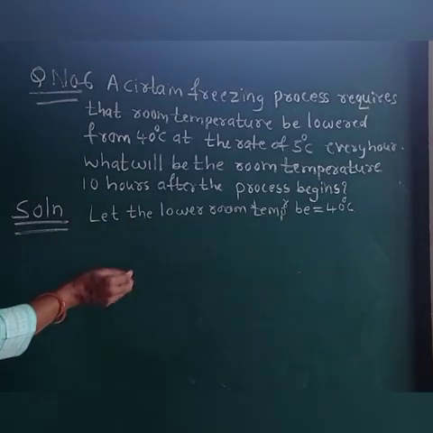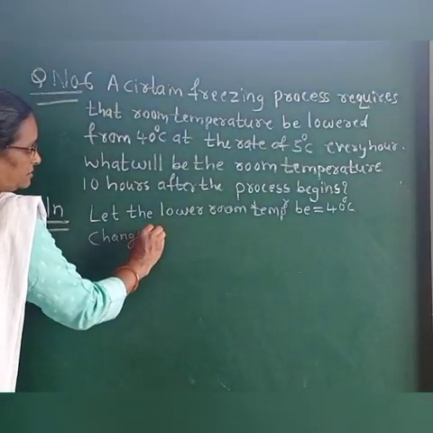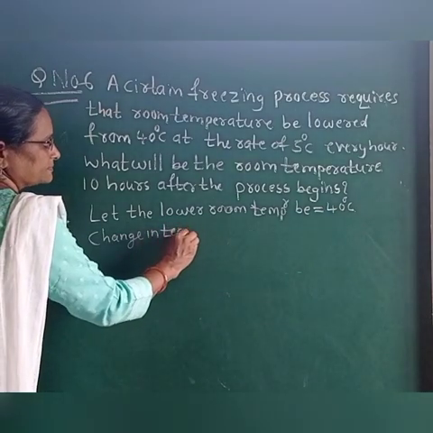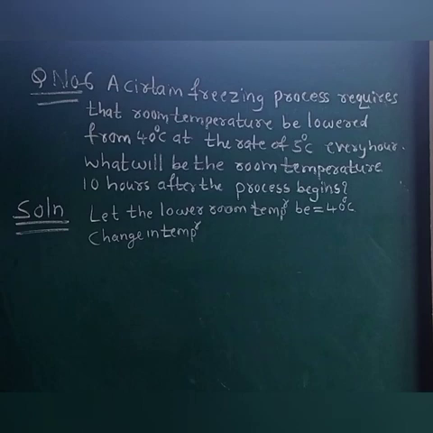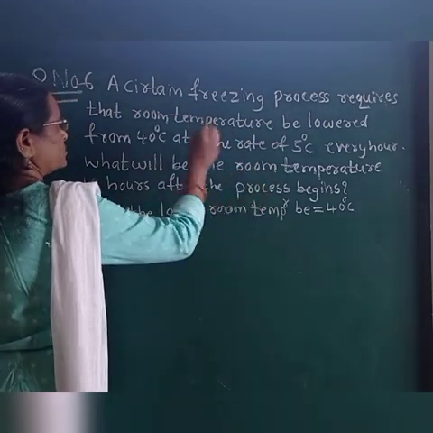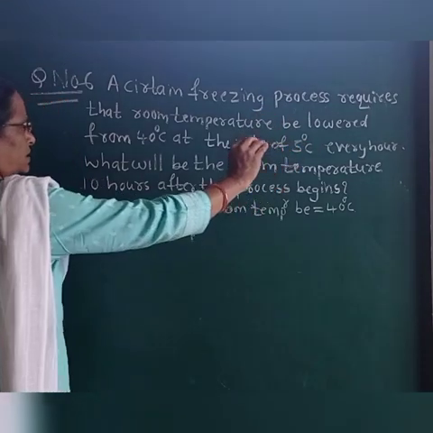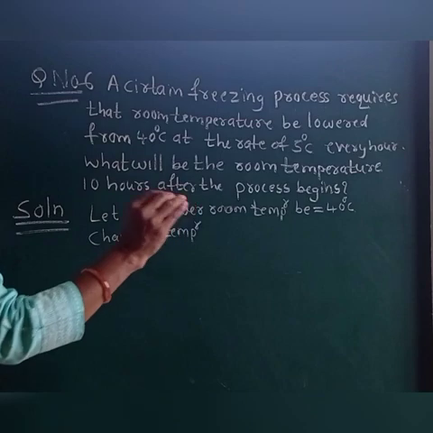Then change in temperature (temp is the short form of temperature) per hour is 5 degrees Celsius, that is minus 5, because it is lowered from 40 degrees at the rate of 5 degrees.